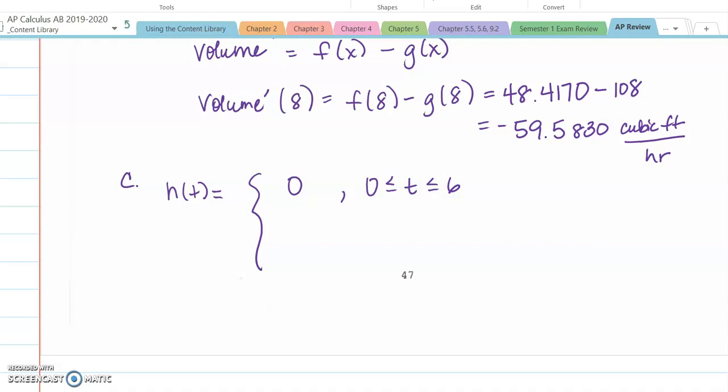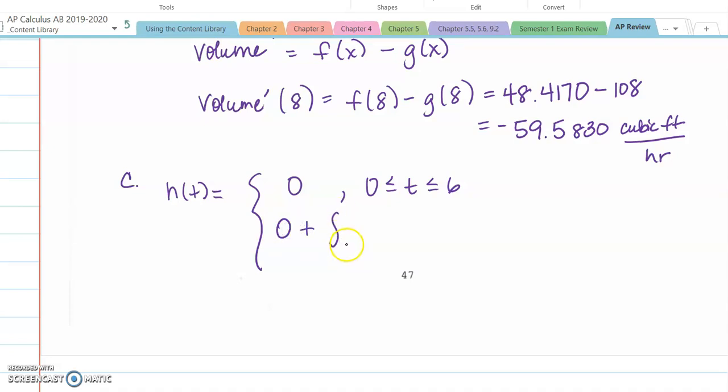For the next chunk of time between 6 a.m. and 7 a.m., the rate of snow removal is 125 cubic feet per hour. So that is a constant rate. And you've got to be careful with the units for this function. This function is not a rate. So you have to account for the amount of snow that's been removed in the previous piece. So there has been no snow removed in the previous piece.